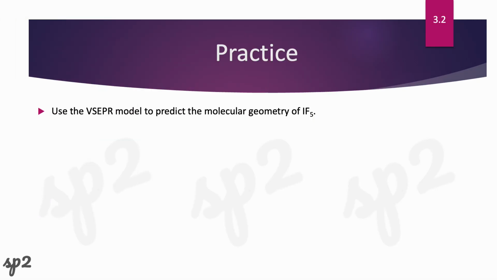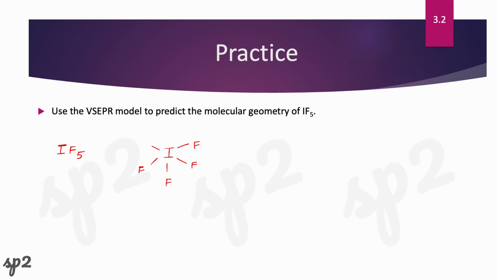Here's the question. Use the VSEPR model to predict the molecular geometry of IF5. The first step is always drawing the Lewis structure. We have I in the center, and there are 1, 2, 3, 4, and 5 single bonds with all of these fluorines.